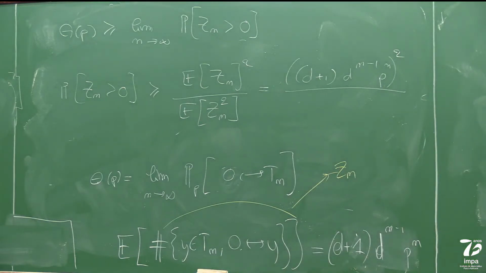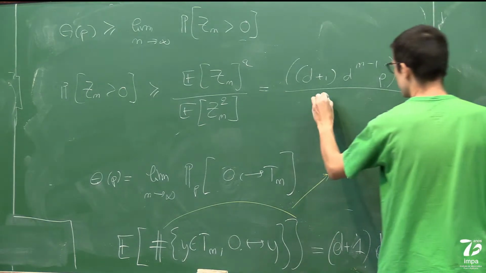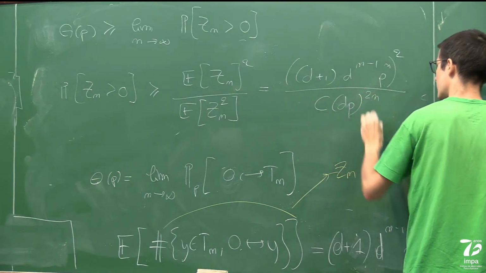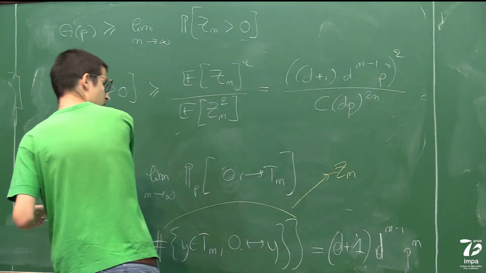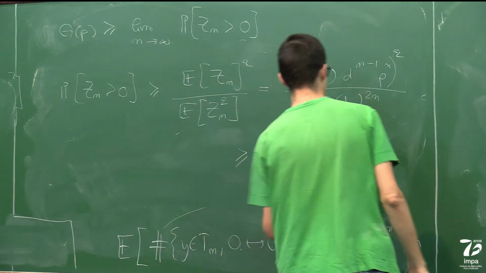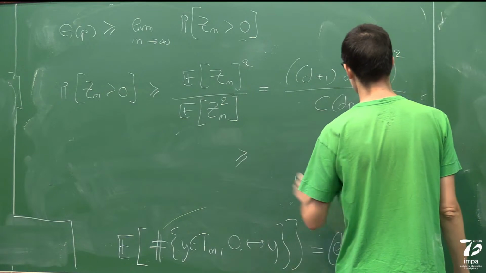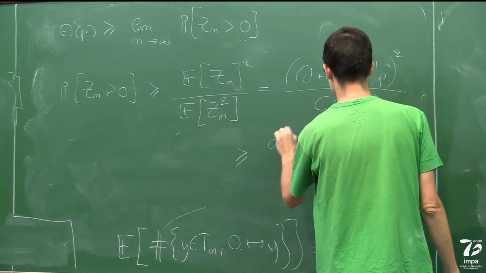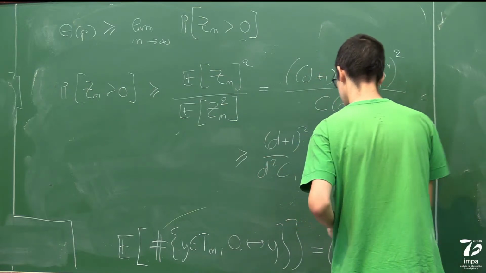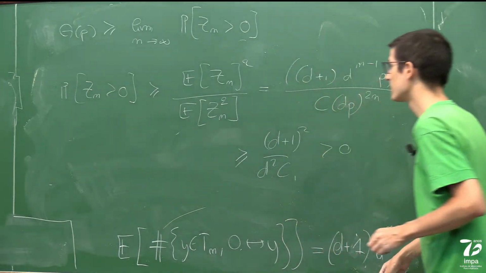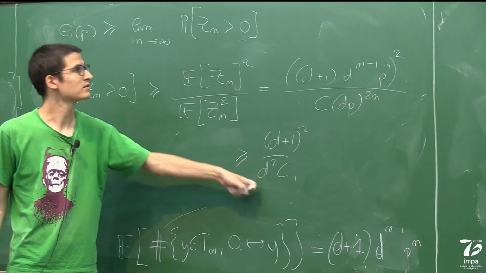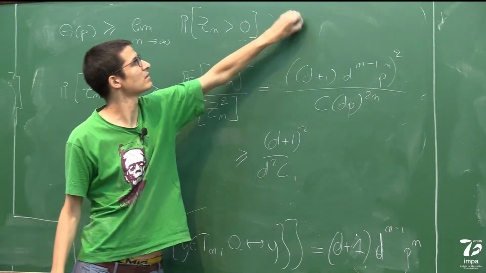Now I'm going to use this bound here, C (dp)^(2n), and we just get that this is larger than (d+1)^2 over d^2 times c. So this is larger than a constant that does not depend on n. So this thing is positive.